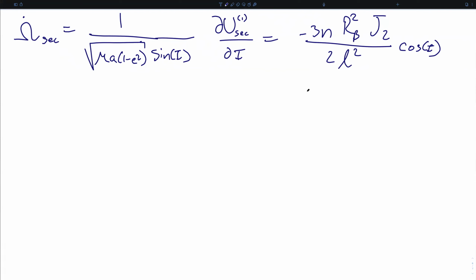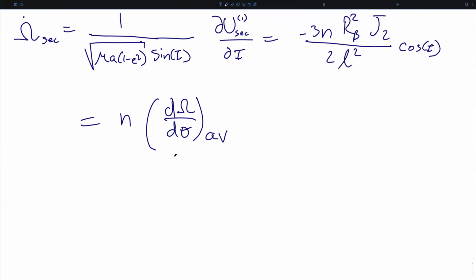You will notice that this is very close, but not exactly equal to the average expression that we've previously written. It differs by just this one factor of n.